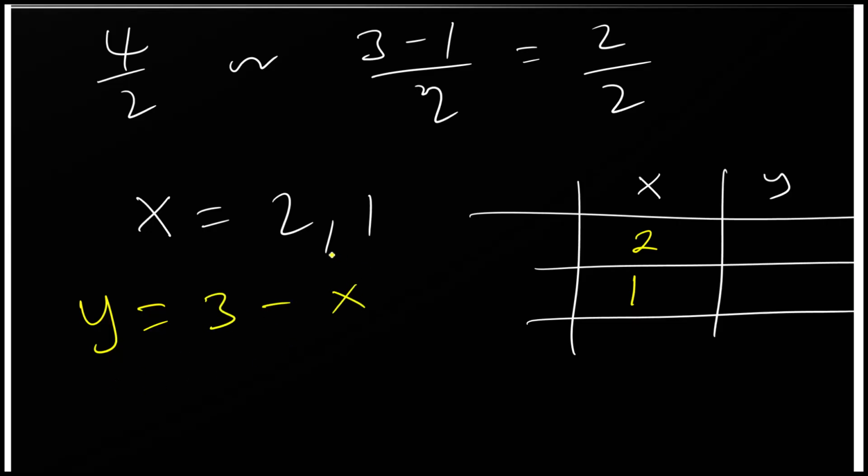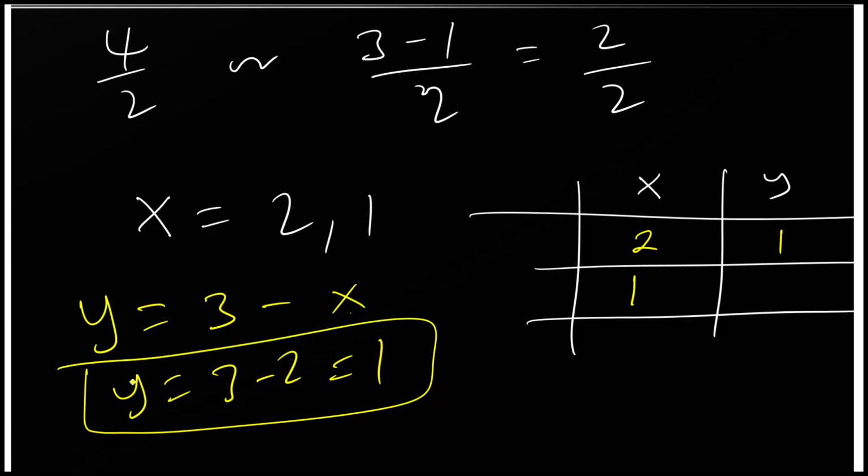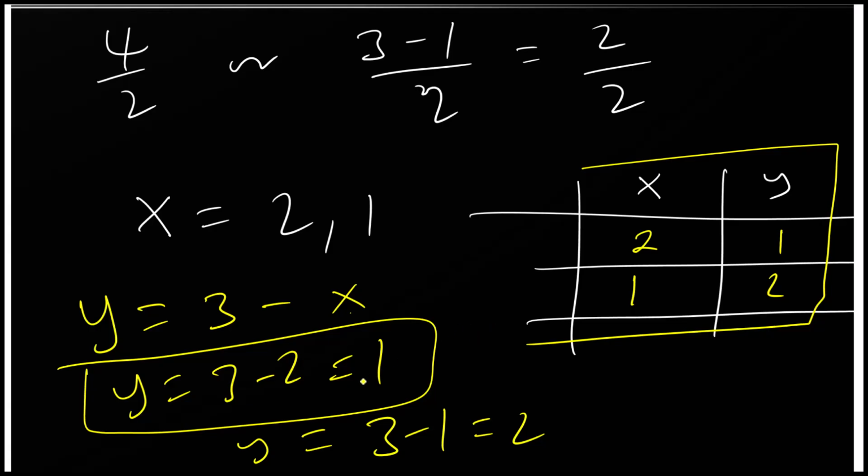So when x is 2, y will be 1, because 3 minus 2 is 1. And when x is 1, y will be 2. Hence solved. Alright. Okay, that's that.